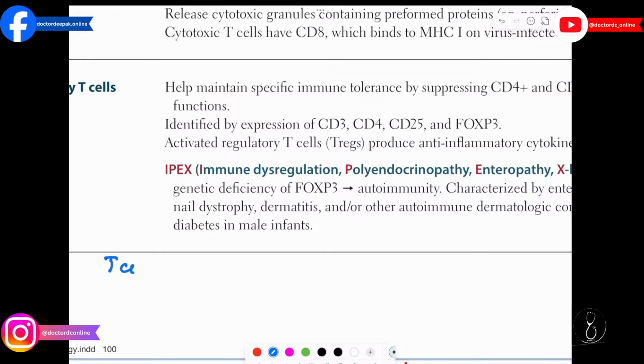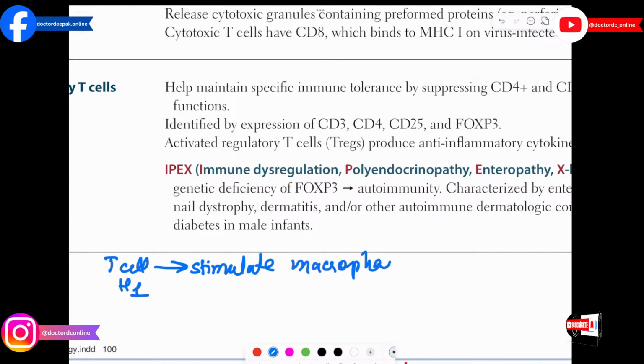T helper cell 1 is going to stimulate macrophages by secreting interferon gamma. Take this as one condition.